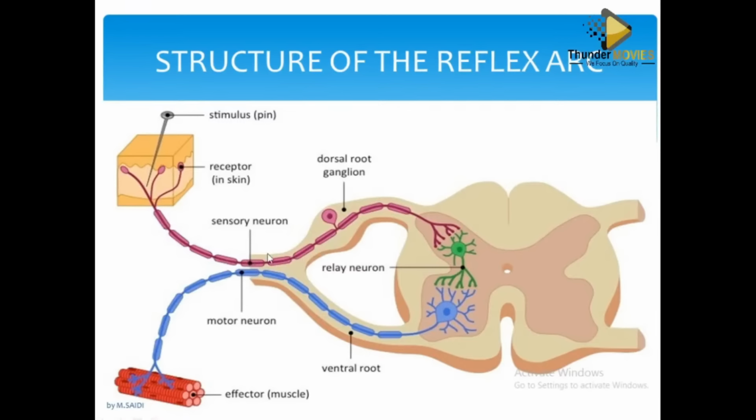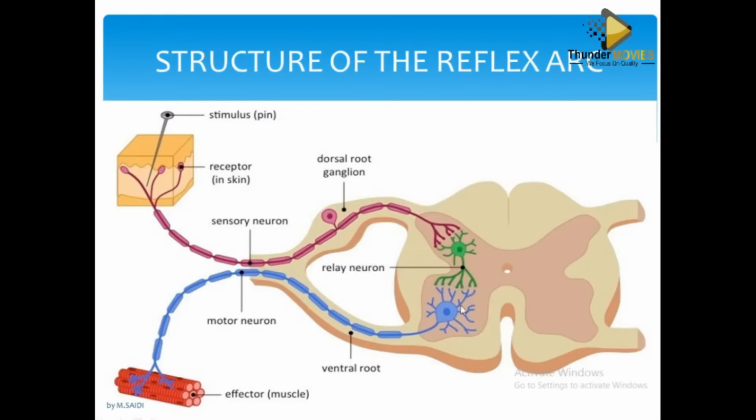Then the electrical message will travel along the sensory neuron. It enters the spinal cord via the dorsal root. Then the sensory neuron will connect to the connector neuron using a synapse. The synapse is a connection between two or more neurons. The connector neuron, or what you call the relay neuron, will connect to the motor neuron by another synaptic connection.